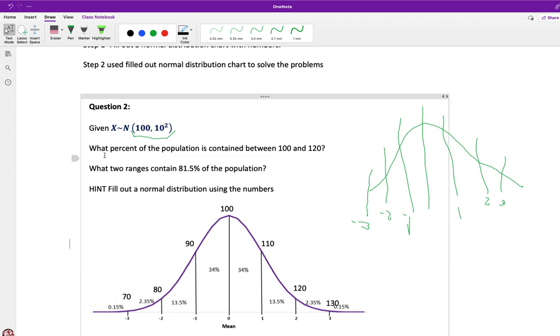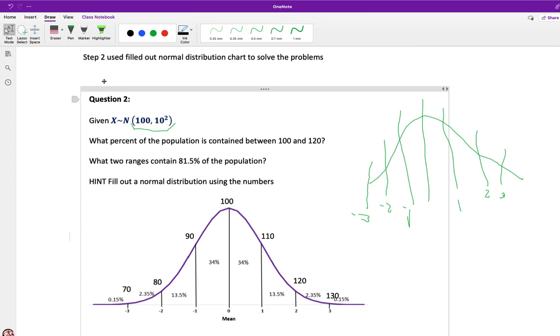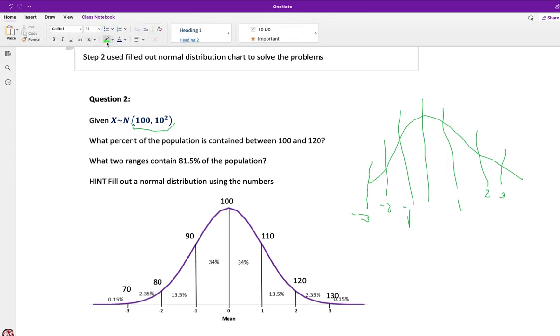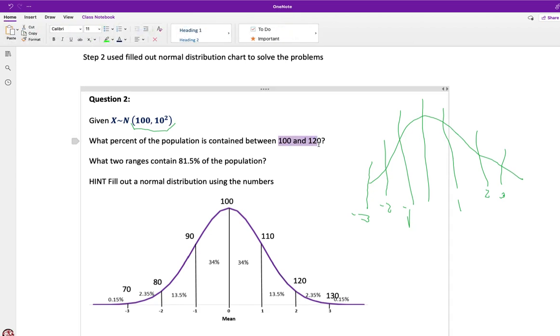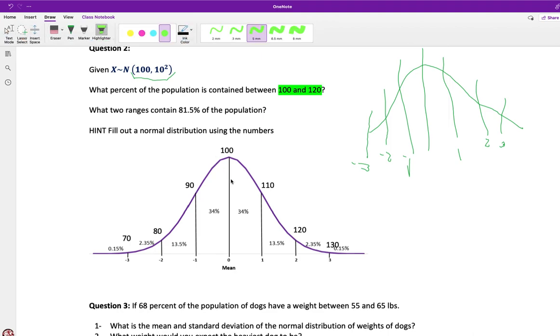Now, you can pause here if you want to try to answer these items. This one's a tough one. So what percent of the population is contained between 100 and 120? So we're looking for between 100 and 120. If we go to our chart and highlight from 100 to 120, we have this.